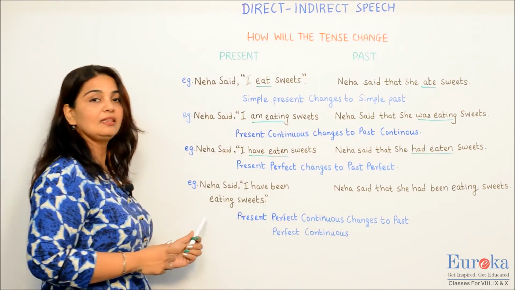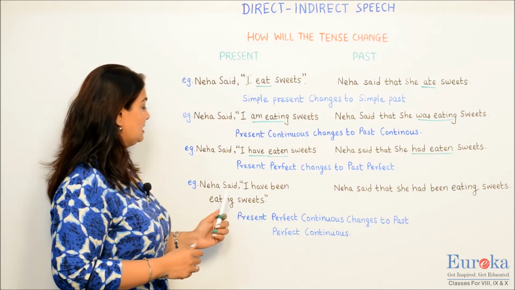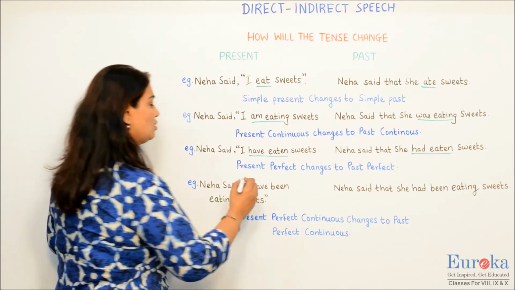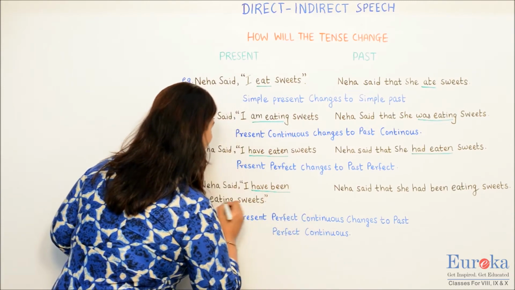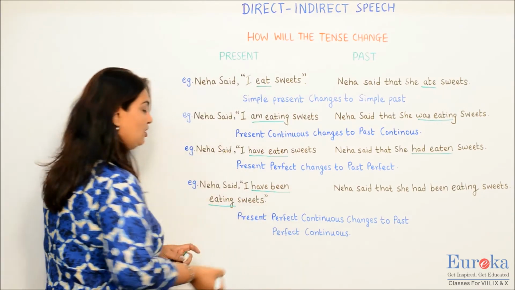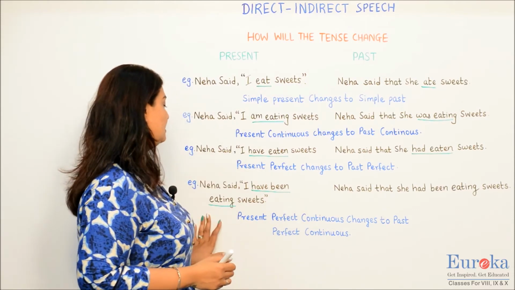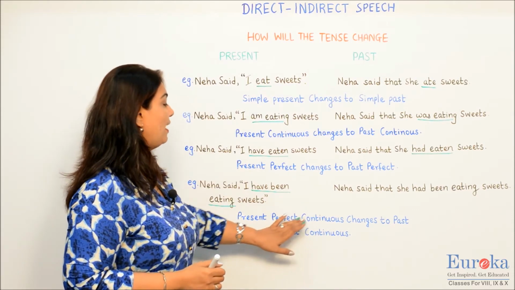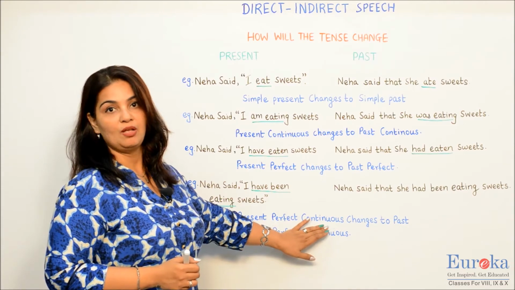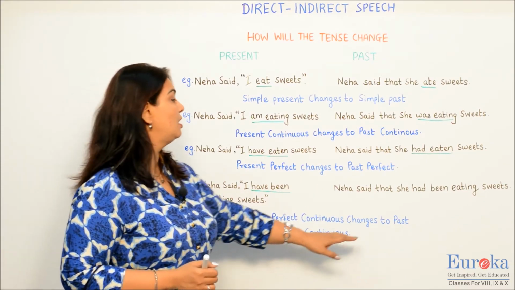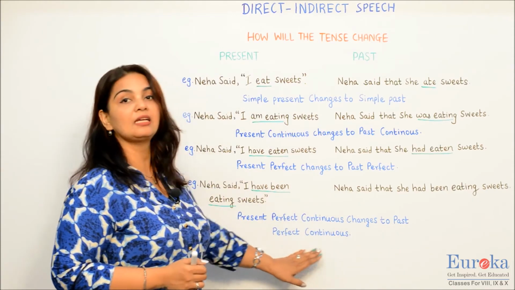And the last one, that is the fourth, Neha said, I have been eating sweets. So let's see how this will get converted when we change this sentence into an indirect speech. This sentence is a present perfect continuous tense. So when we change this, it will get converted into the past perfect continuous.